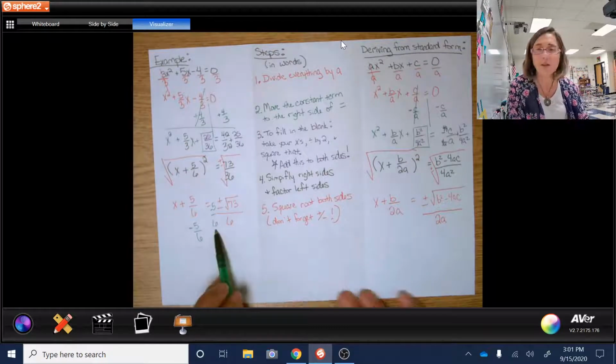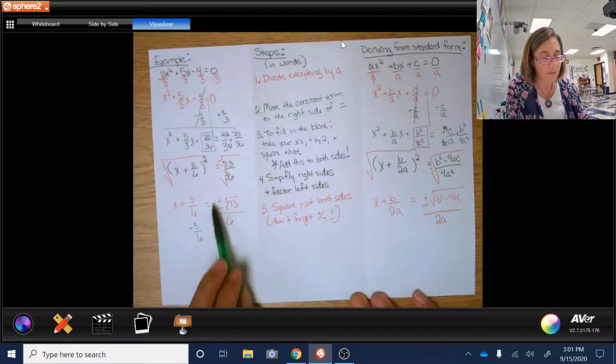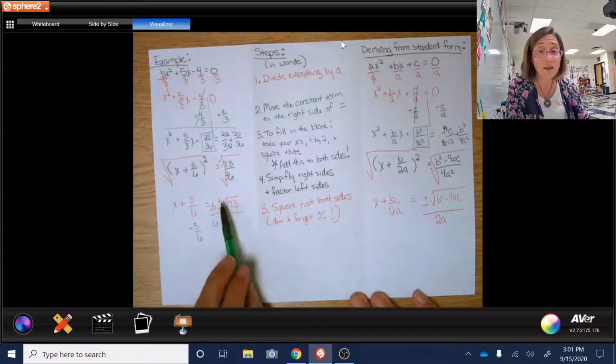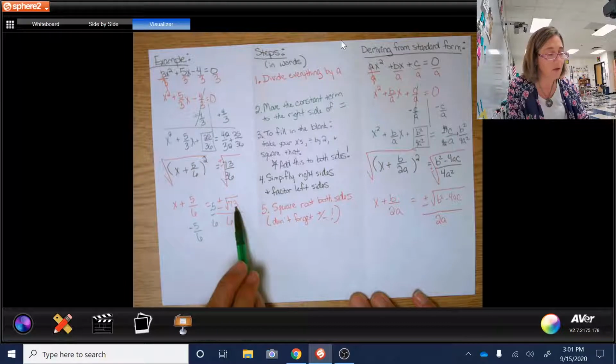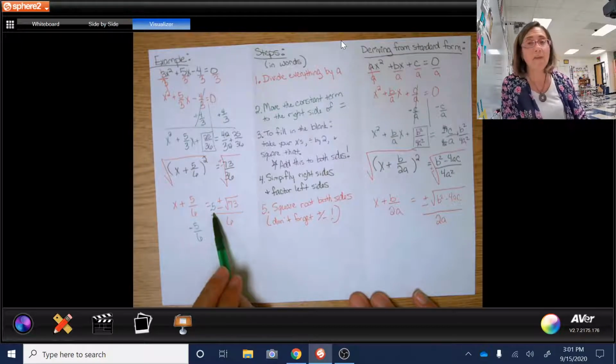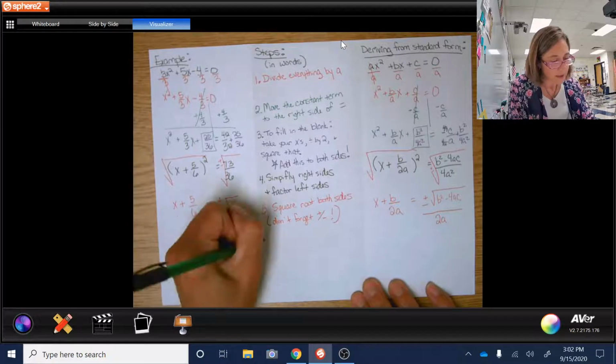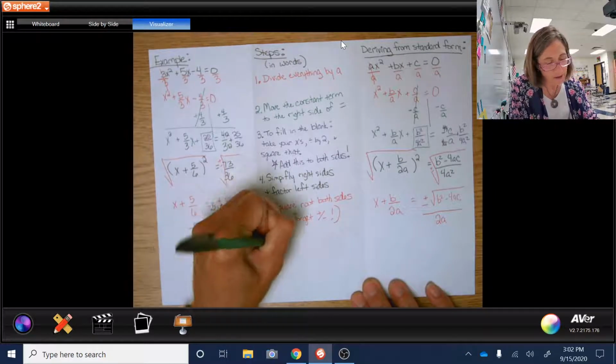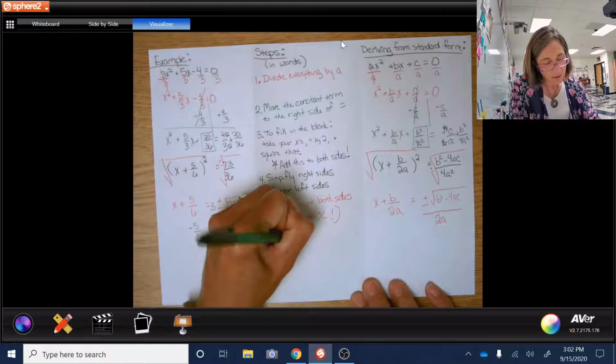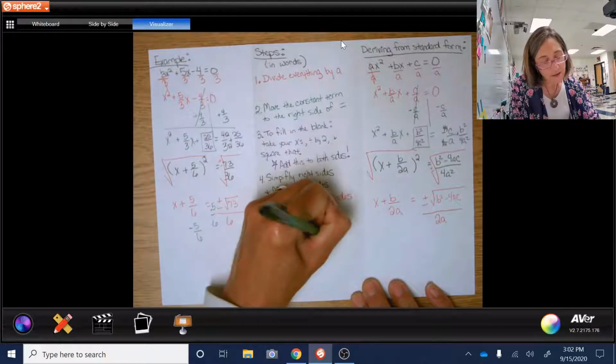Okay, so I know I'm kind of squeezing it in there, but I'm putting this minus 5/6 in front of my plus or minus the square root of 73, so I don't get mixed up if that 5 is part of the radical or not. So the step is subtract on both sides.